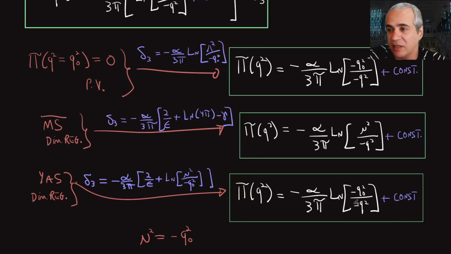The point here is that it doesn't matter, right? These constants, even when they seem like they are physical here, they are really not. I mean, no measurement should depend on this choice. So these are numbers that we like to interpret a lot, and they really don't mean anything.